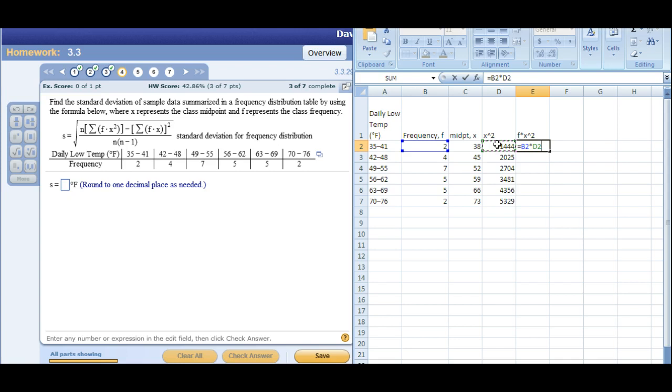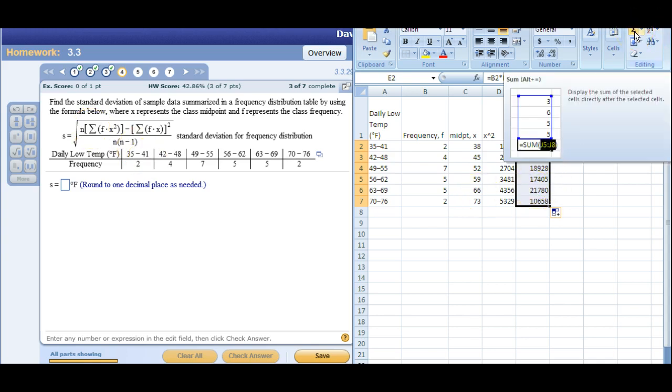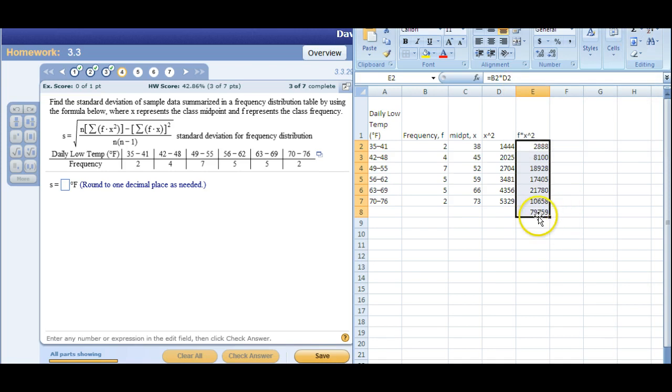That's f times x squared in the first row. Hit enter and do the same thing. Highlight the cell again, double click that corner, and it does f times x squared all the way down. Okay, that's in the parentheses. This says I need to add all those up. So it's already highlighted, so I just go up here and press the sum button. And there's that.